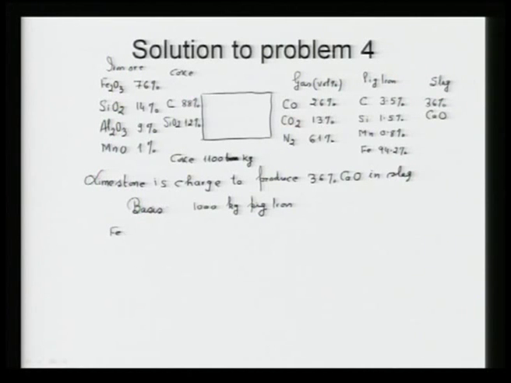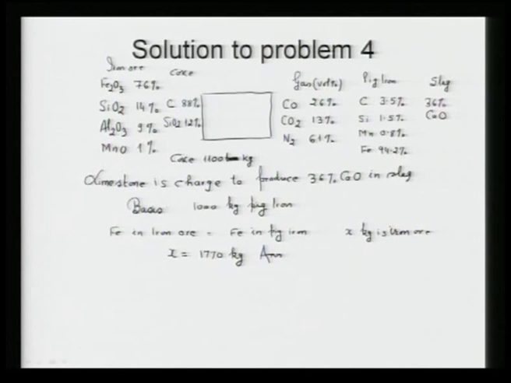So, iron in iron ore is equal to iron in pig iron. If we assume x kg is the amount of iron ore, then we can make this balance and immediately it gives us 1770 kg as the amount of iron ore used in this problem.